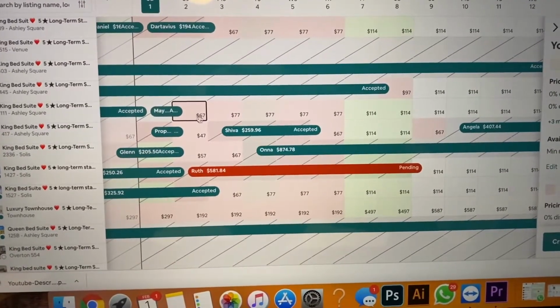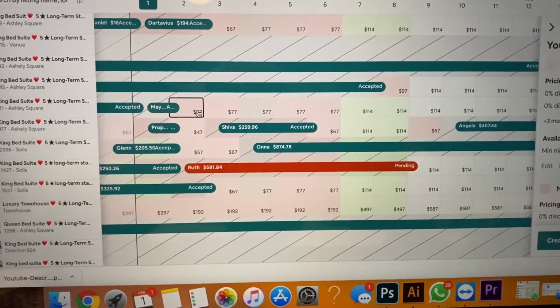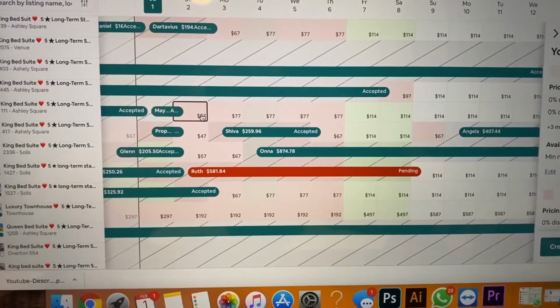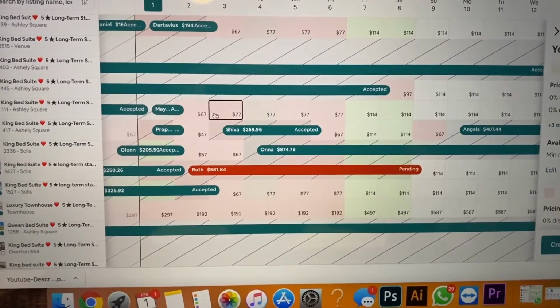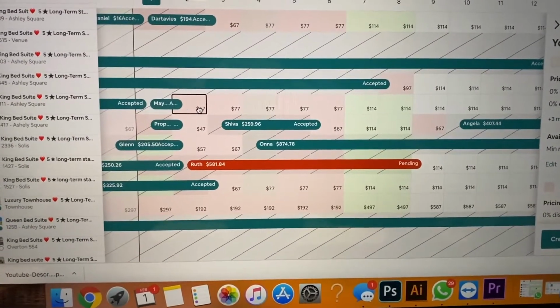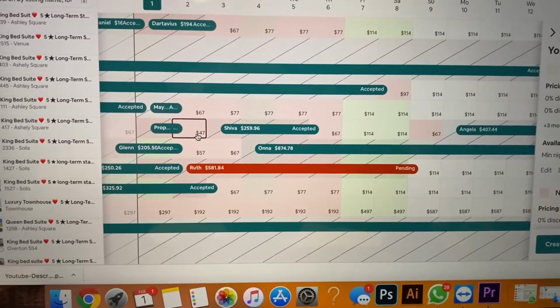That's the reason why, if you see the hierarchy as far as the value of each night, this will give you an idea of how valuable your nights are. The more opening there is, the more valuable your calendar is, and therefore the more you can charge for those nights. So I drop these prices right away so that they're attractive.